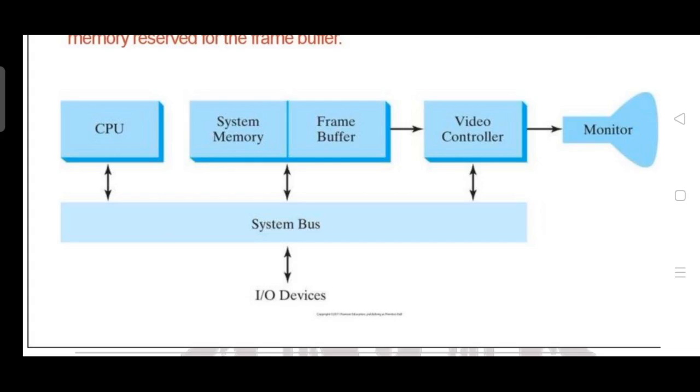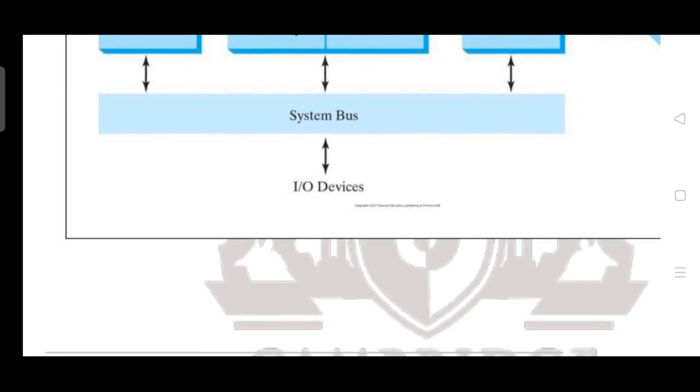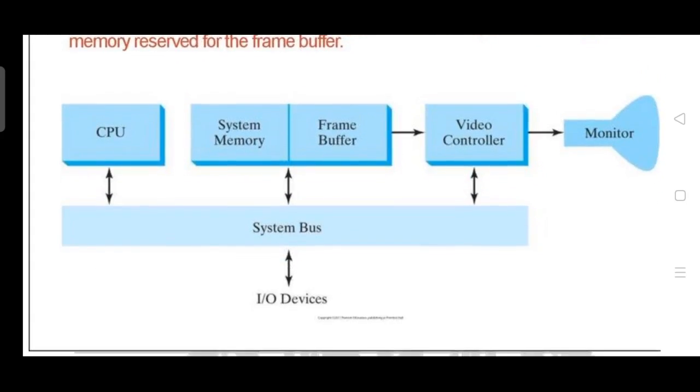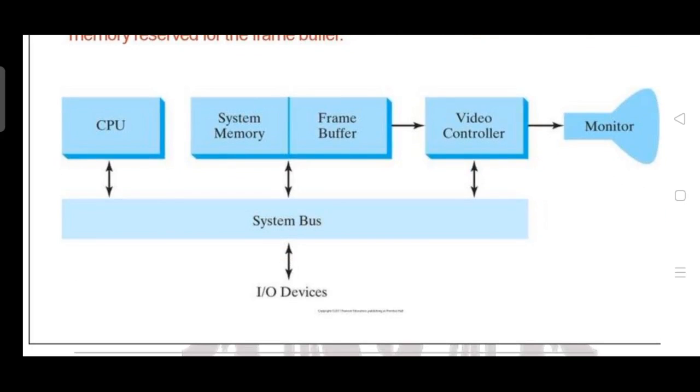And a video controller drives the video as well as graphical related things onto the monitor, one of the output devices. Again it is connected via the same channel, that is the system bus. This is one of the representations of the computer graphics architecture.